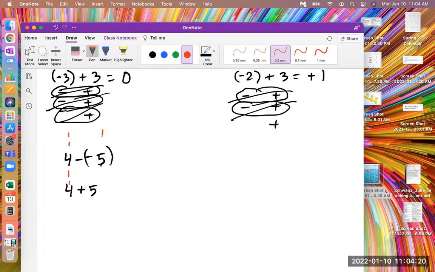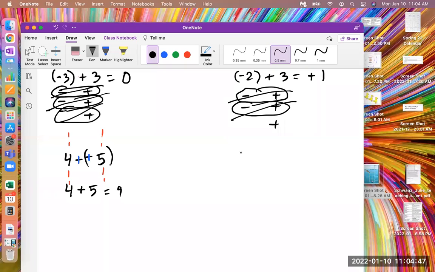If you're thinking about the integers, the 4 and the 5, then in between the integers, you must draw 2 lines that create either negative or positive signs. So the 2 lines that I'm going to write here make it 4 plus a +5, which is just 4 + 5. So the answer here is 9. Okay.